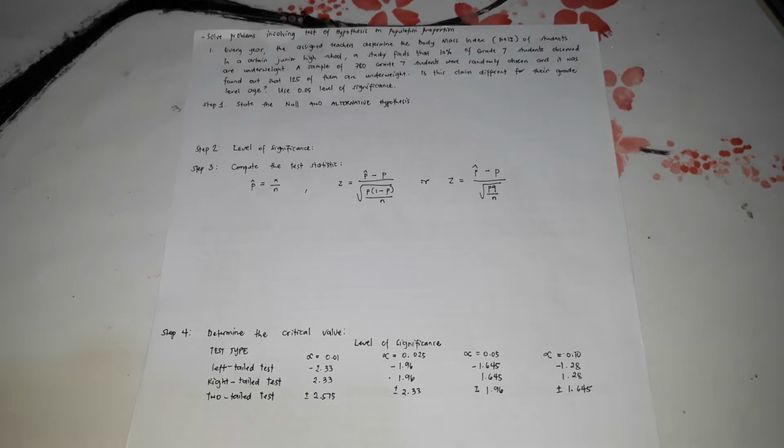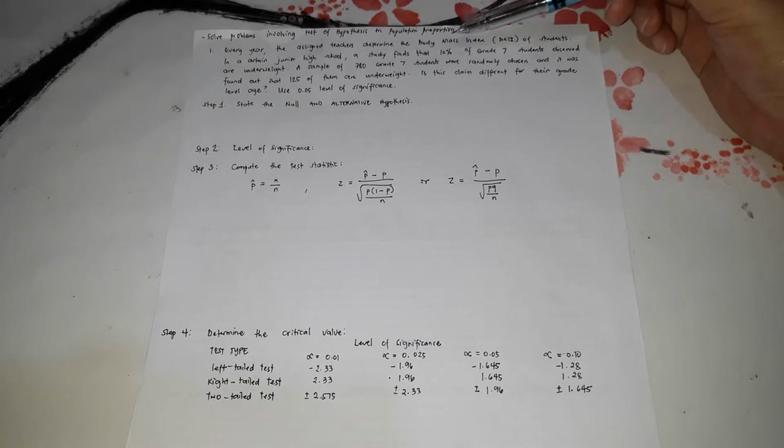So now we're going to solve problems involving test of hypothesis on population proportion. Previously, we've done it with the mean given, but now we're going to be solving with a given population proportion. Population proportion is usually in the form of a percentage or ratio. For example, in this one, it's 10%.